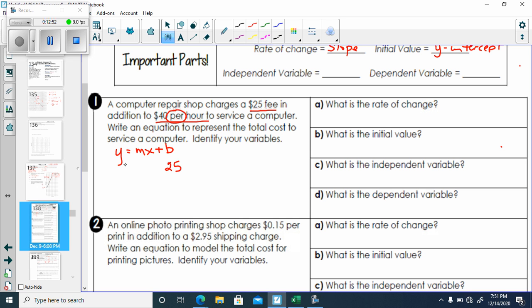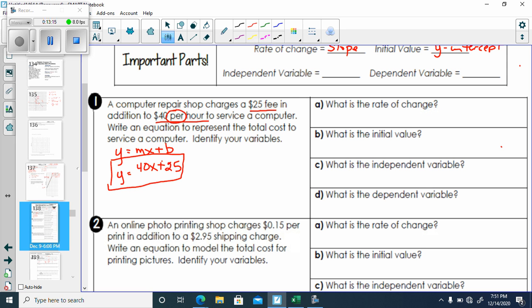Now, what do we pay in addition to that? We pay $40 per hour, right? So our rate of change, our slope, our m is 40.